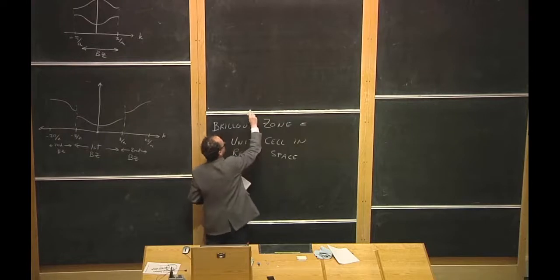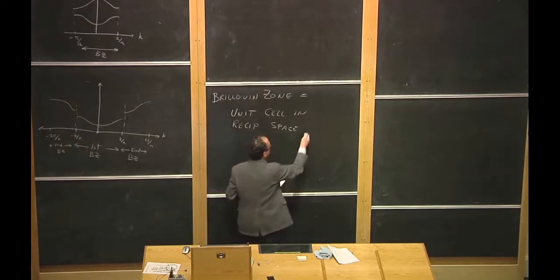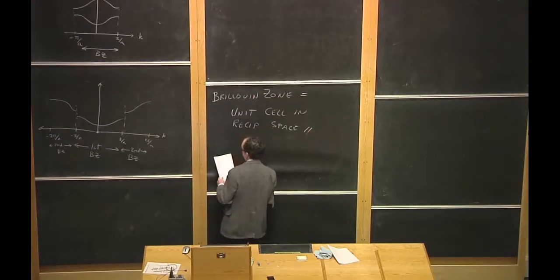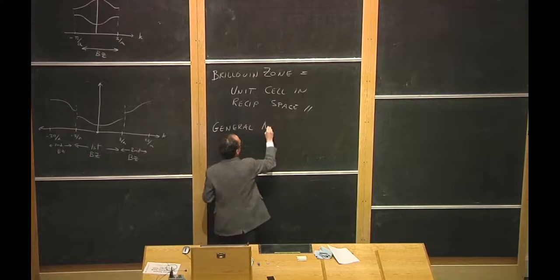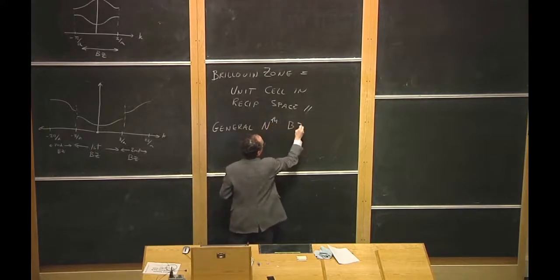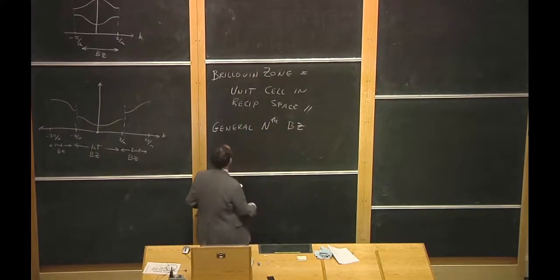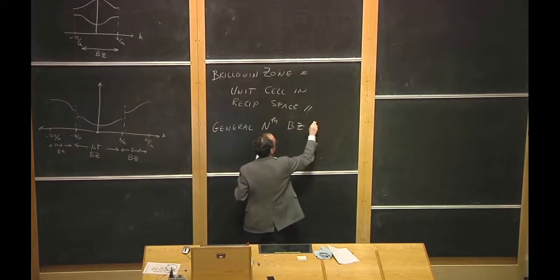And we're going to have to figure out what we mean by first Brillouin zone, second Brillouin zone, and so forth. So a general nth Brillouin zone we define as follows. We'll start with the first Brillouin zone.